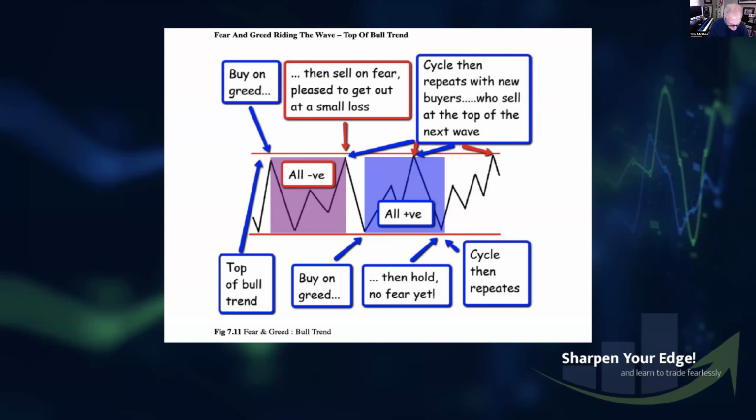Because they've been waiting and waiting, watching the market continue higher, frightened to get in, as they are nervous and emotional traders, but at the same time frightened of missing a golden opportunity to make some money. After all, they have seen the market rise and are now wishing they had entered earlier, and they eventually buy at the top of the first wave, of course. The market then promptly reverses, and they immediately become fearful of a loss.